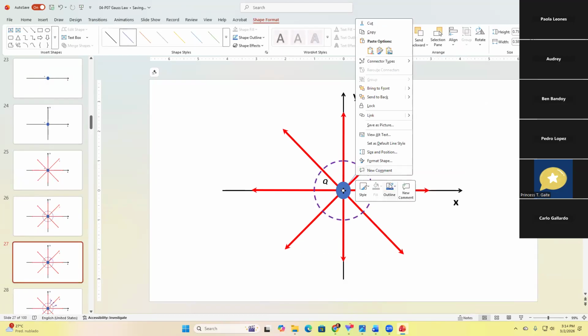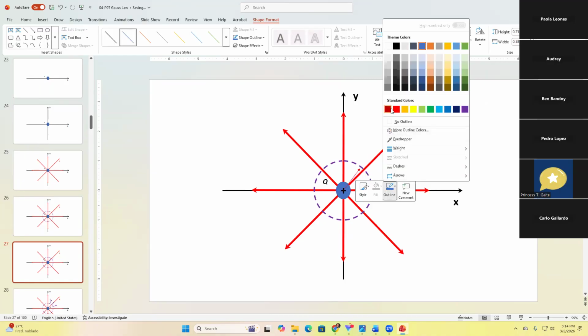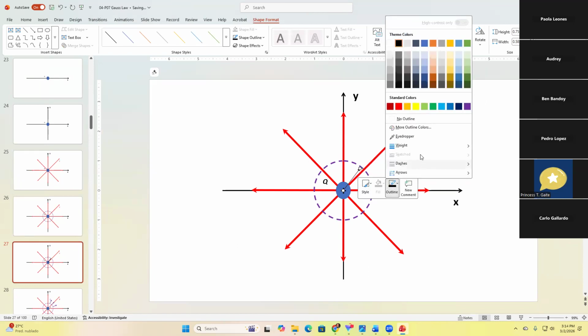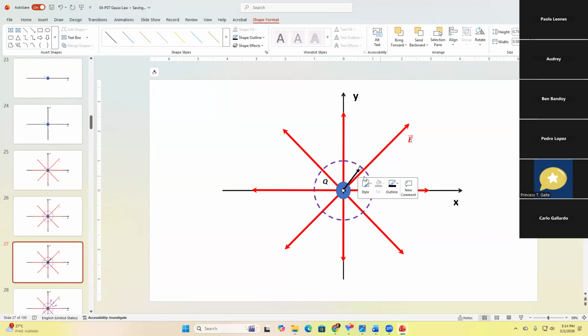I'm going to change the thickness of this as well. Right like that.